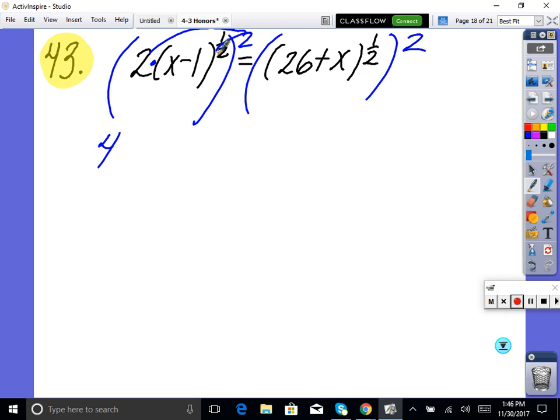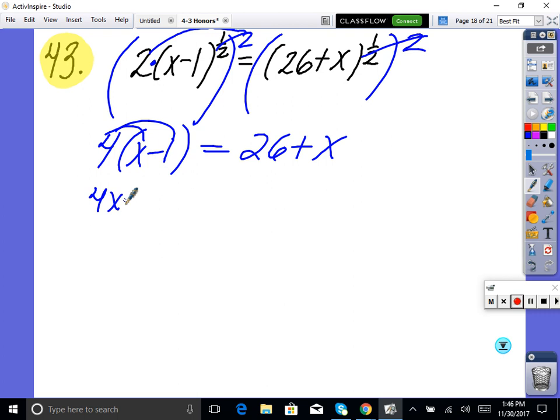This squared is just simply x minus 1. Just make sure the parentheses did not go away. Now over here, that became a 1. So now we have 26 plus x, and what do you know? A linear equation that's not too bad to solve. Multiply 4 in. 4x minus 4 equals 26 plus x.